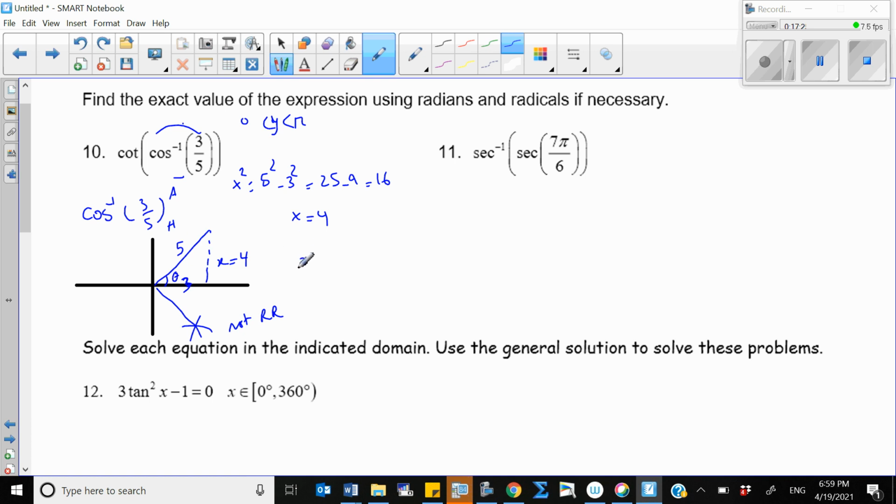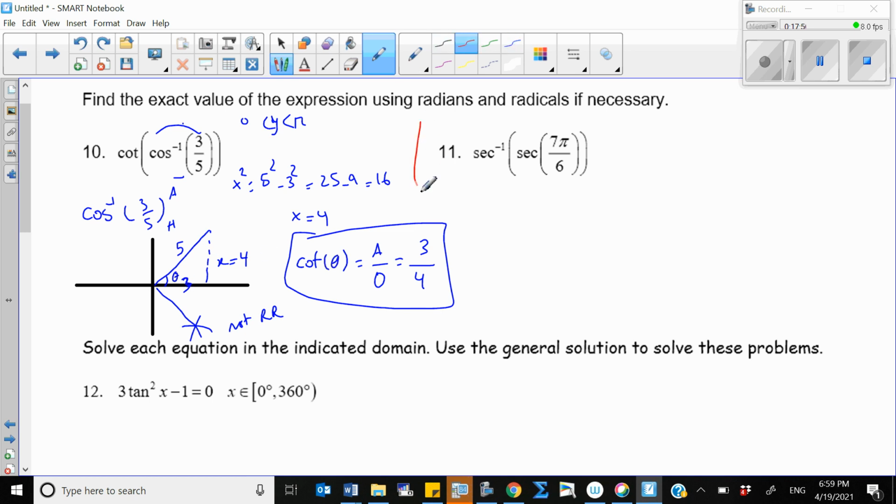I know cotangent of theta is adjacent over opposite. I have the adjacent side, which is 3, and the opposite side, which is 4, and that's it. This is my answer. So I didn't need to find the angle. Just have the ratio of the sides, and that's it.